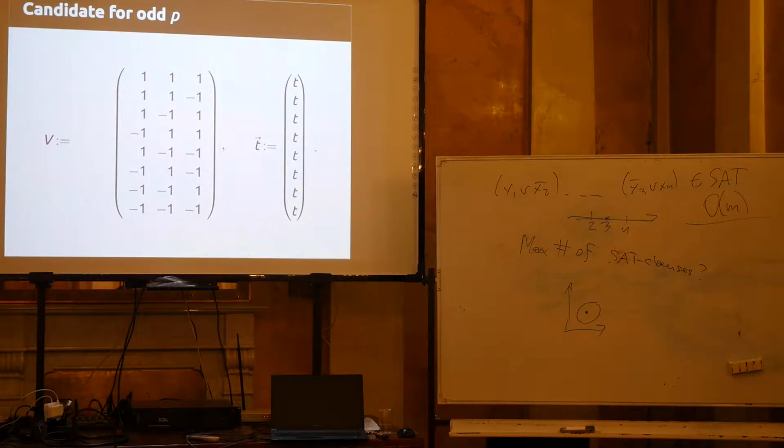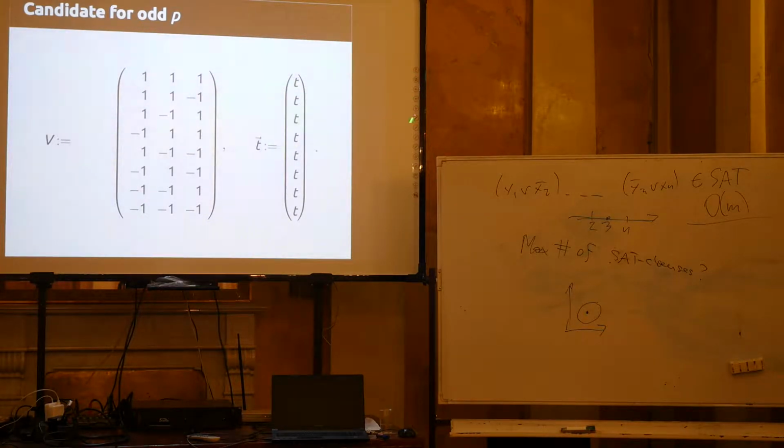So let's start with such a construction. It's like a Hamming code, where you write all ±1 combinations of length 3. And say the target point has the same value in every coordinate. This is quite a general construction yet. I mean, it doesn't work yet, but let's start with this.